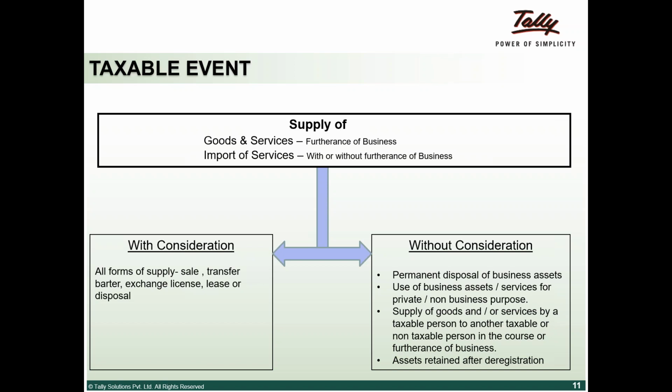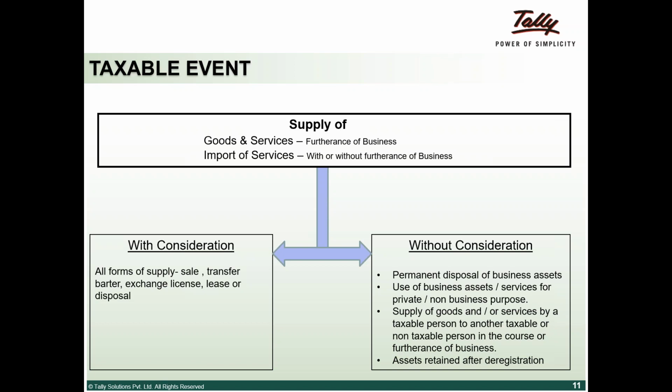Now, just to give you some more clarity on what furtherance of business would mean, there was ambiguity in the service tax regime. For example, we were paying service tax on employee related activities, but we could never claim input credit on the same, though it was furtherance of business. If for Tally as a business we do an employee related activity, say an R&R event on which service tax is charged, I could not claim input credit on the same, though it was furtherance of business.